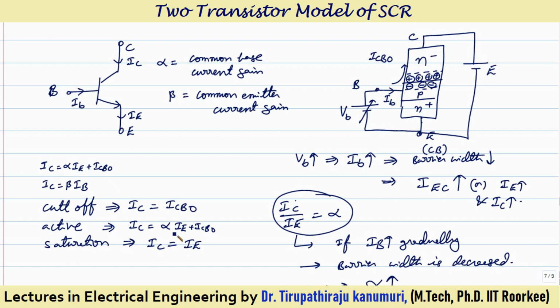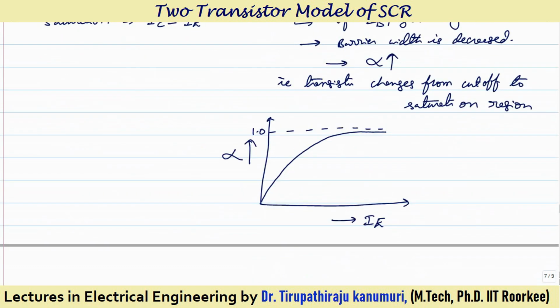When the transistor shifts from the cutoff region to the saturation region, the value of alpha changes from some extremely small value to 1. That means the alpha value will change gradually from a small value to 1. It depends on the emitter current: as the emitter current increases, the value of alpha changes from 0 to 1.